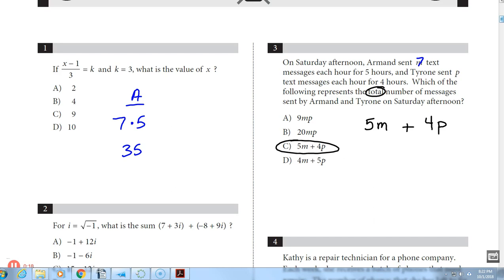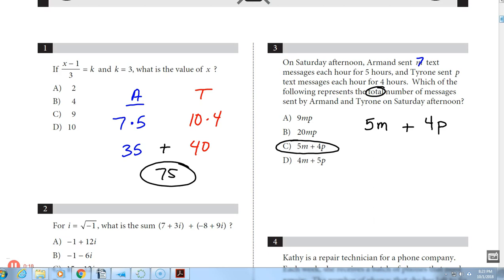And if you don't have a friend named Tyrone, think about your sister or your friend or your buddy or somebody else. Maybe they send way more than me, maybe 10 every hour. So they're sending 10 every hour times 4 hours, which would be 40 texts. So the grand total between those two would be 75 texts.